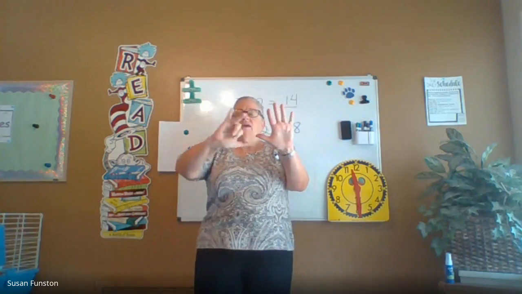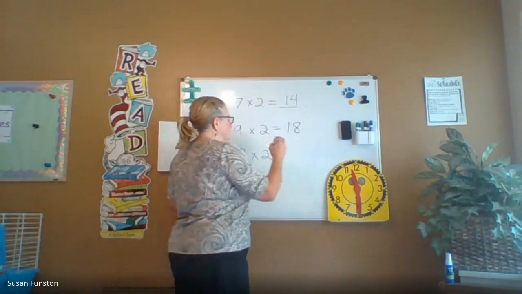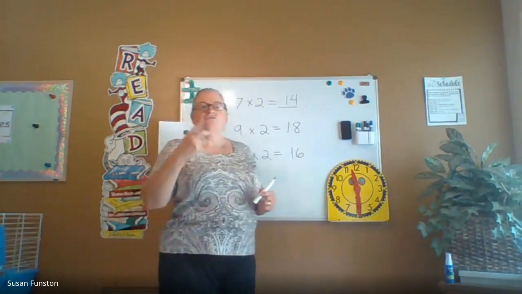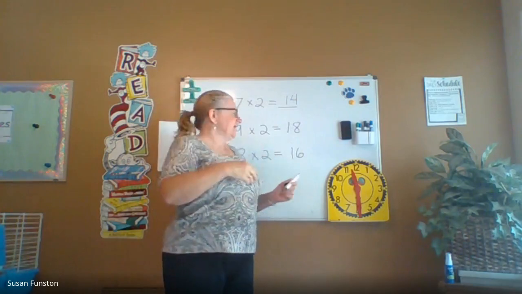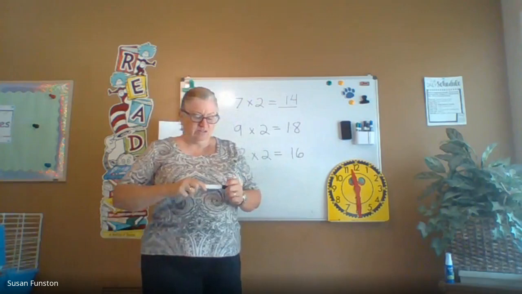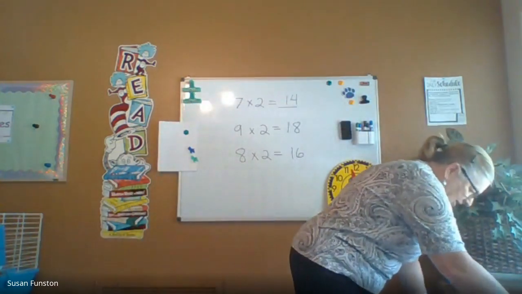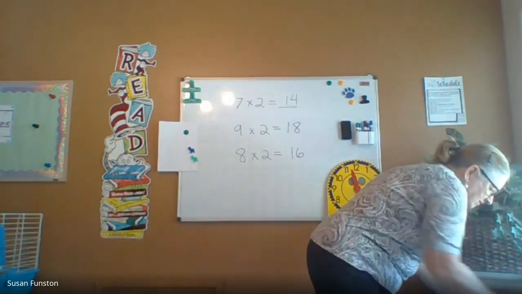That's 16. Do I have 8 fingers now? I do. So my answer is 16. Or I could count 2, 4, 6, 8, 10, 12, 14, 16. And I would still get 16. So sometimes, if I have a high number close to 10, it's quicker for me to start at my 10 and go backwards.